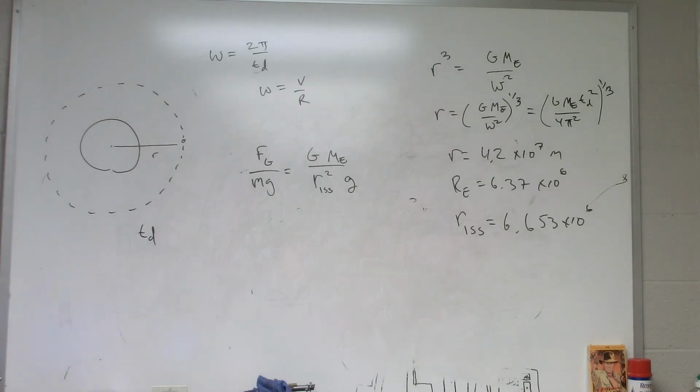So if I just put in G times mass of the Earth, divided by 6.653 times 10 to the 6th, squared, times 9.8. Oh, I gotta square that, I'm sorry.